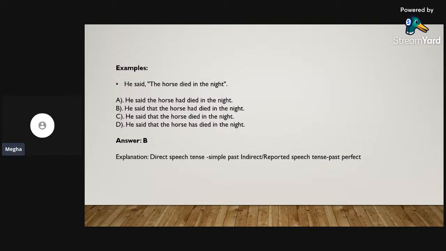See, again, here the tense has not been changed. So not option C. Option D, he said that the horse has died in the night. See the statement, has died. So it is not the right one, correct? They have messed up with the tense in the last option. So option B is the right answer. The tense has been changed to past, and said, which is the reporting verb, has been kept the same by adding that to the given statement.